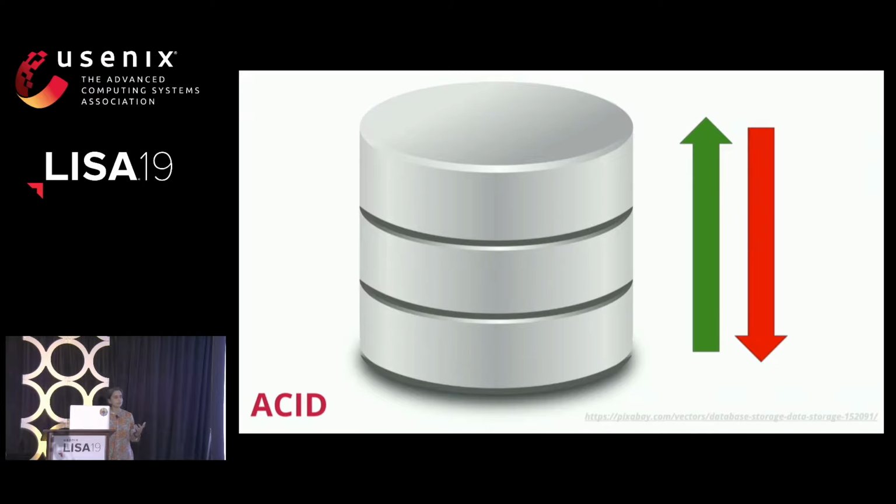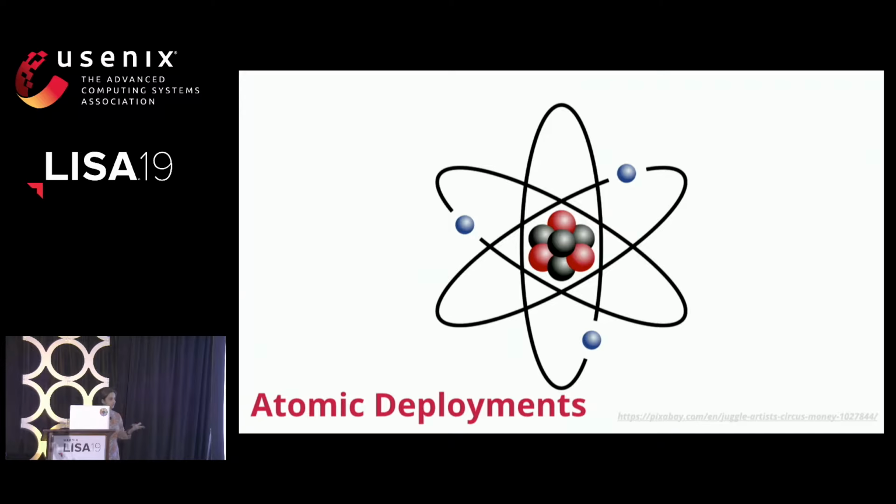But when you think about databases, the first thing that comes to your mind is ACID transactions, the kind of safety that they provide. Either it commits everything or it rolls back. And this idea we have taken to atomic deployments, when you use tools like Capistrano or even PaaS services like Heroku.